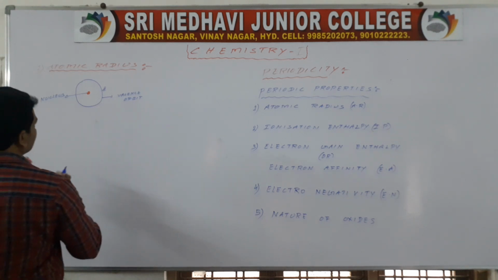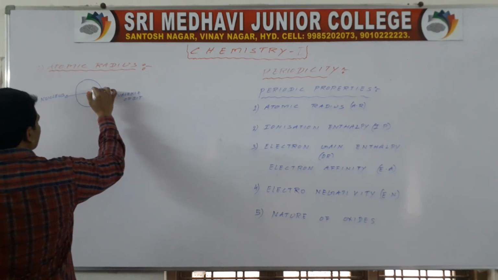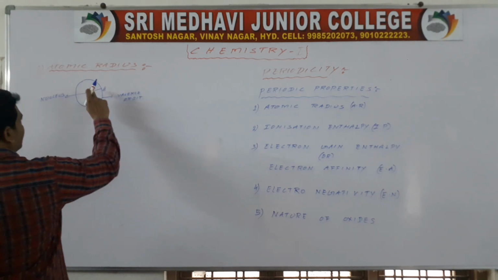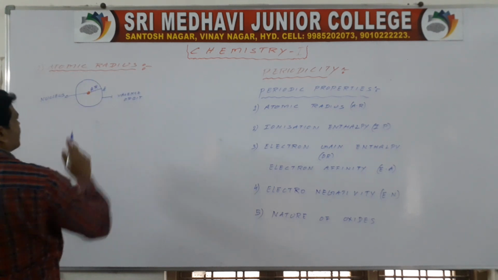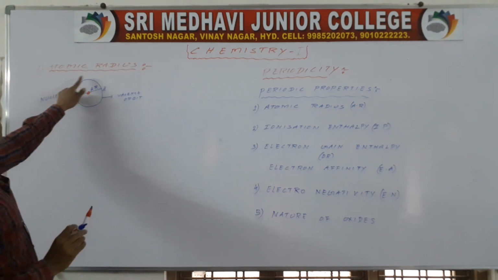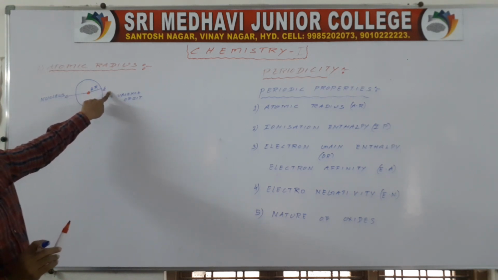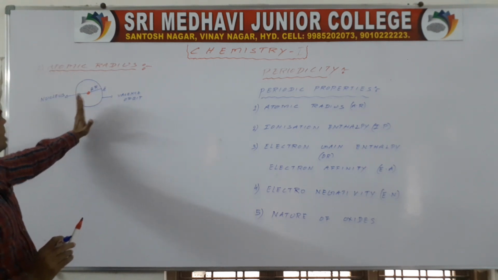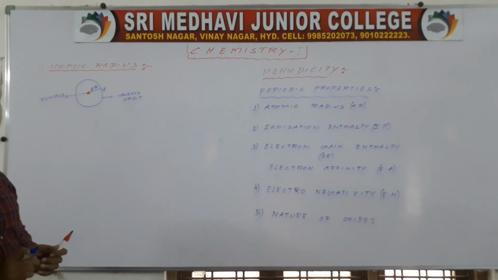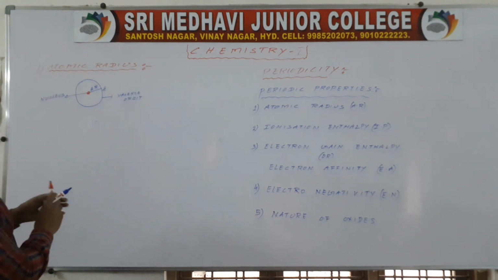The distance between them is called the atomic radius. So atomic radius means the distance between the nucleus and the electron present in the valency shell of an atom.